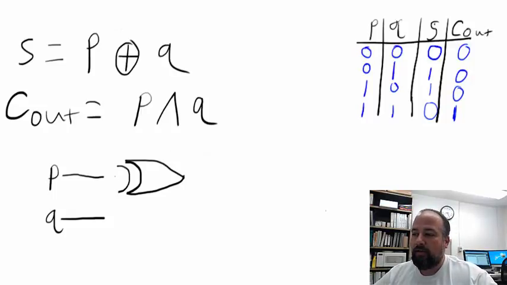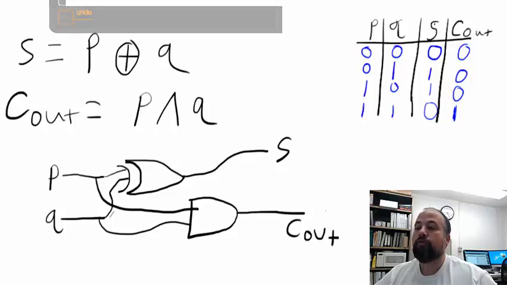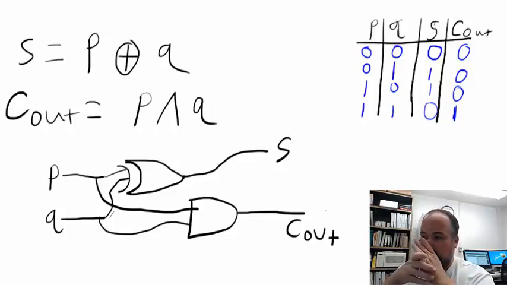When we add the little half moon there, that becomes an XOR gate. So P goes into that, Q goes into that, and then the output goes to S. And then an AND gate is kind of a little bit of a round mushroom. So P and Q goes into C out. All right?